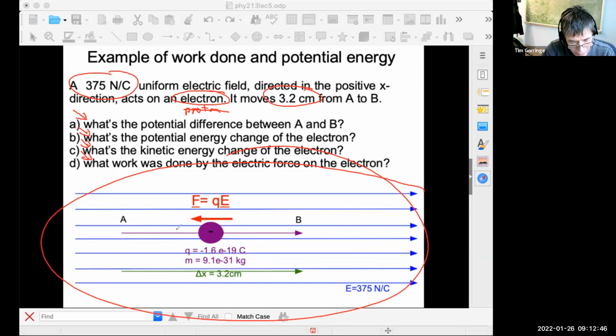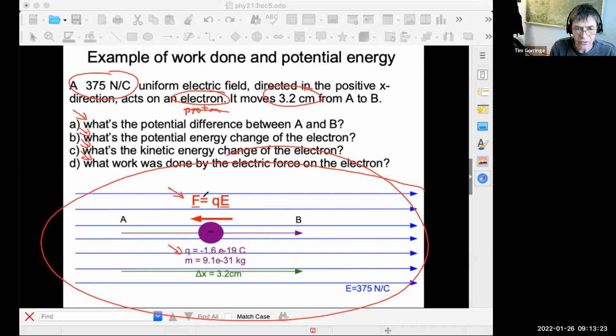The only difference is that the electron has a negative charge, and as a consequence, look at this field equation here. The negatively charged electron experiences a force that is opposite to the direction of the field lines rather than in the direction of the field lines. So that's a very important point. A positive charge will experience a force in the direction of the field by the field equation, F equals QE.